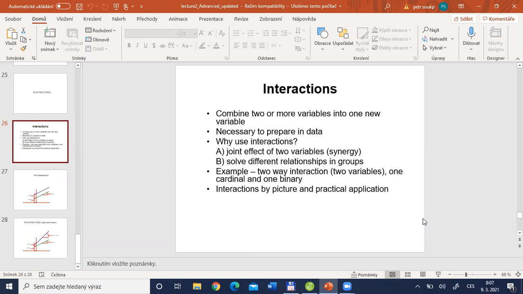So interaction means that I combine mathematically, I'm multiplying values of original variables, and I am creating a new variable, which is called interaction. If we would like to discuss these interactions, maybe we should give some reasons why we should add interaction into our discussion.